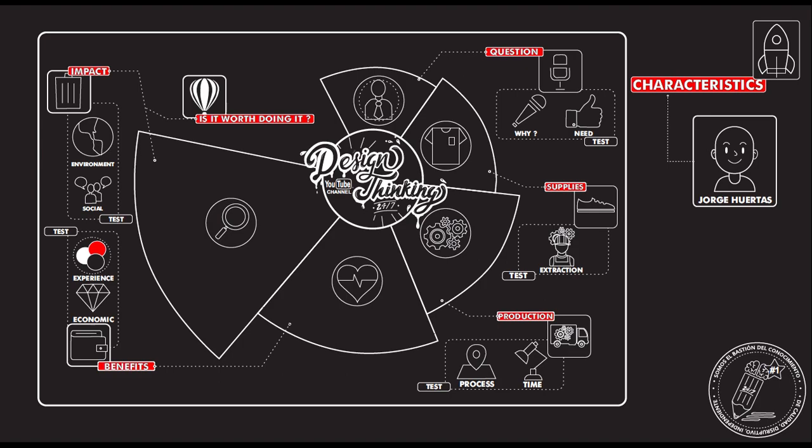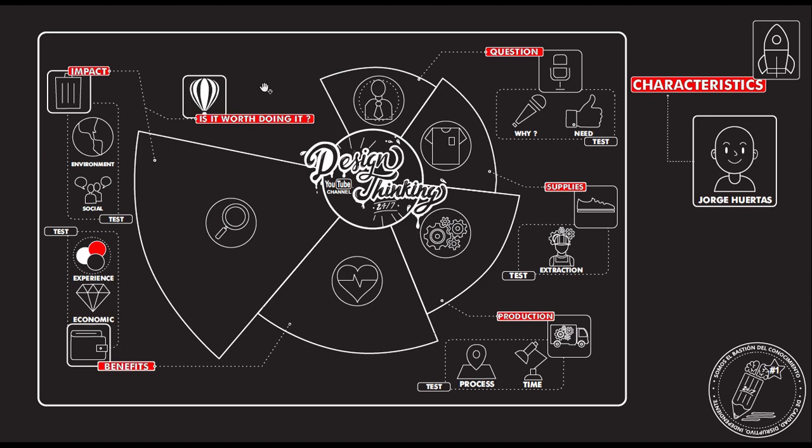Finally, you need to have a clear knowledge of the impact of your development on the environment and of course on society, because at the end you need to say, okay, this is safe, it's good for everyone, it's recycled, the life cycle is very good, the process is very good, and of course socially it is improving people's lives. The idea is that you do this before you create your development.